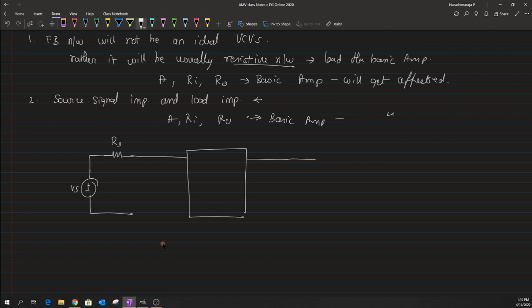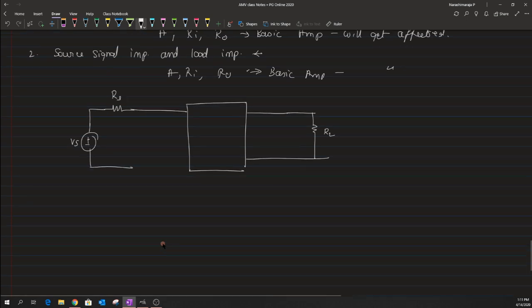I will also include the non-ideal model of the load, which is nothing but a resistive load RL, and the feedback network I will again put in a box as of now. Later we will replace these boxes of both the basic amplifier and the feedback network with appropriate models.